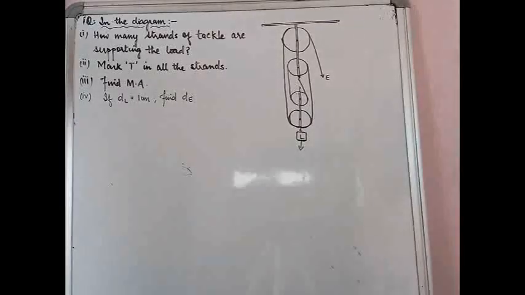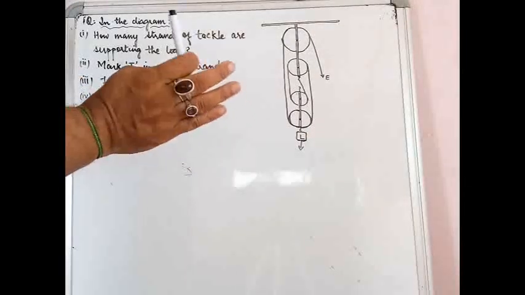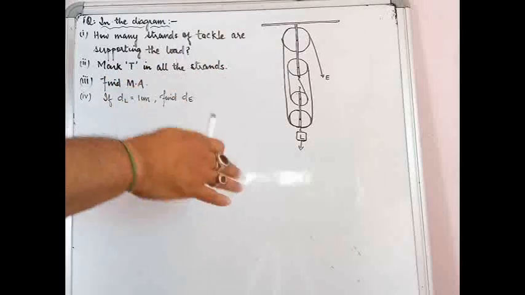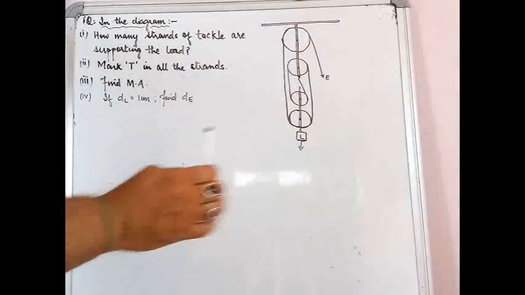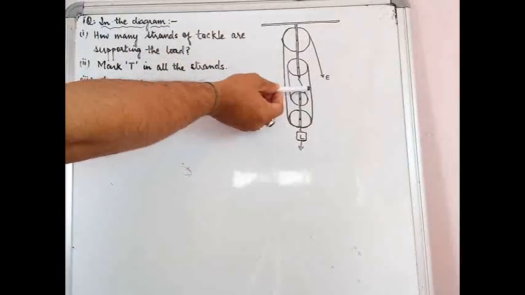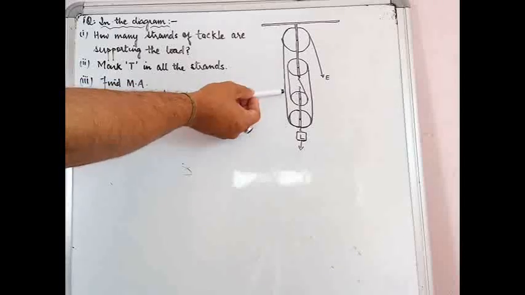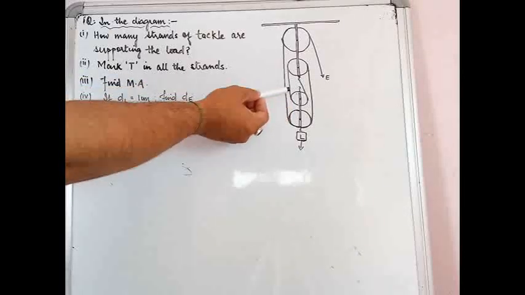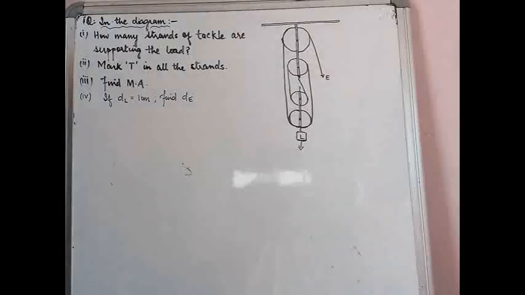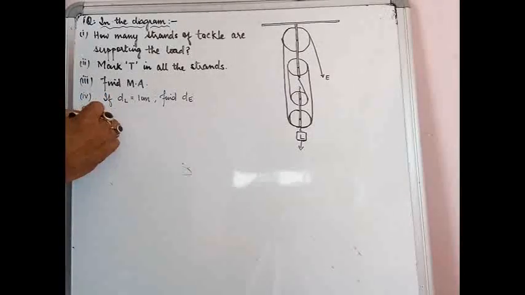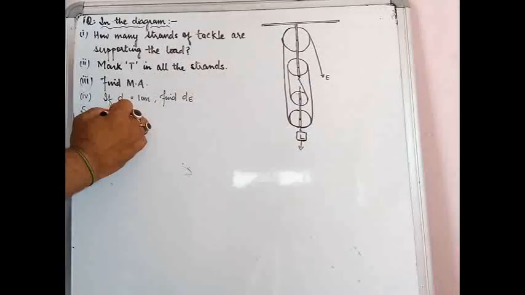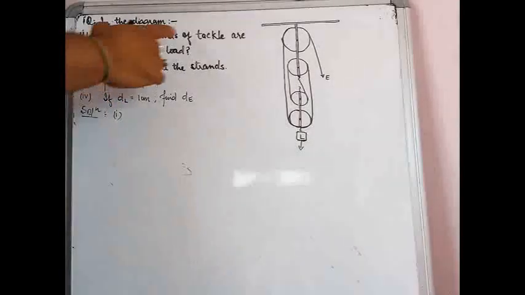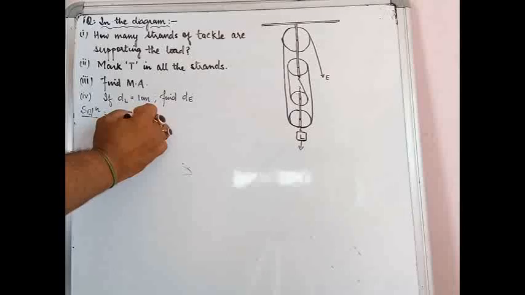So what are the strands supporting this load, directly or indirectly? You see number 1, number 2, number 3 and number 4. So 1, 2, 3 and 4 strands are there. When you write the solution, for the answer to the first part, you will write 4.